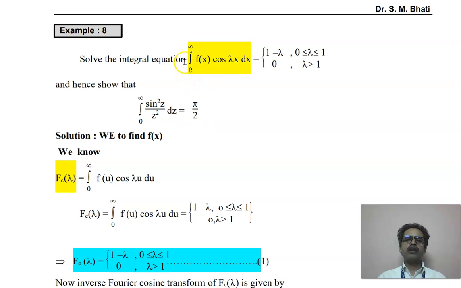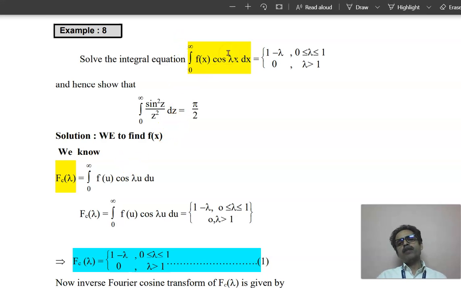Now I just explained that this is the integral equation, and to solve it is to find the value of f of x. Now see whether this type of expression, this left hand side, is present in some of the standard equations. Exactly, it is present in equation 2a. So from equation 2a, Fc lambda is equal to integration from 0 to infinity f of u cos lambda u du.